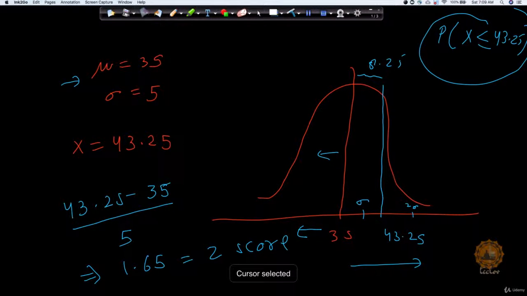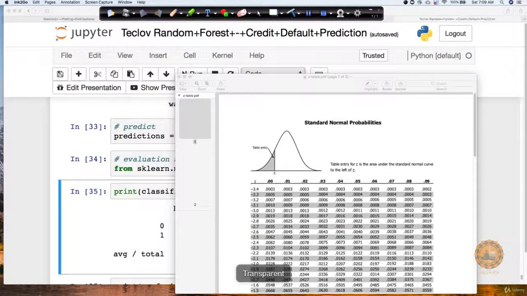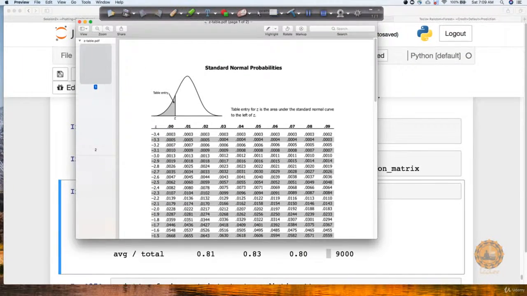In order to use this Z-score, let me open up a Z table and show you how that looks. So this is my Z-score table, and in this table, I have to get the value of 1.65. How do we generally look at this?